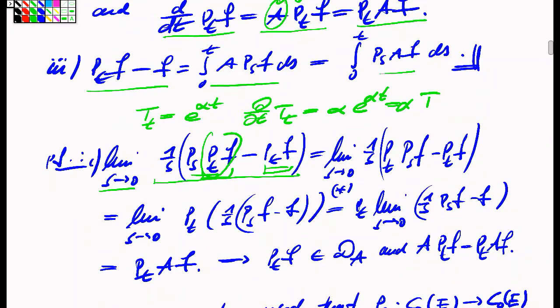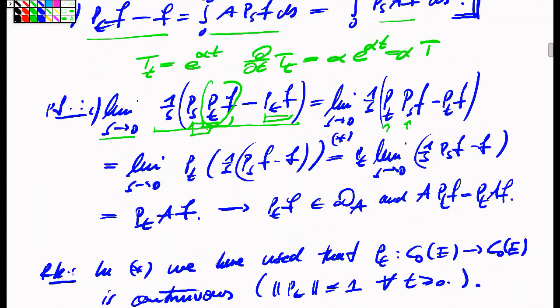Now obviously Pt and Ps commute because altogether they can be written as a one-time application of the operator P t plus s, and that's symmetric with respect to the roles that t and s are playing. So therefore I can interchange in this iterated application of s and t the two indices t and s, which I did here in this first step.